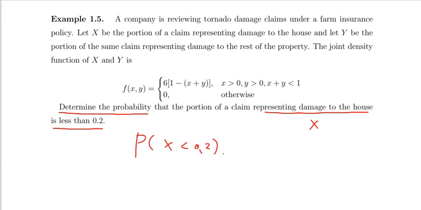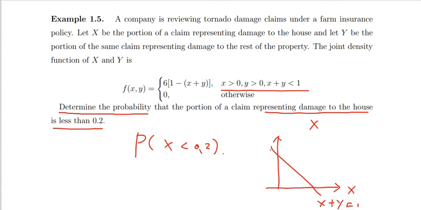So this one is just this simple probability. Let's check the region xy. The region is x plus y less than 1, so x plus y equals 1.